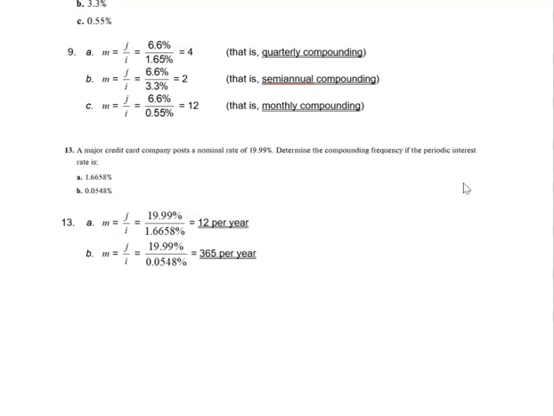And if your annual interest rate is 19.99% and your periodic interest rate is 0.0548, your compounding frequency, your M, is 365 times per year. So that means that it's being compounded daily.